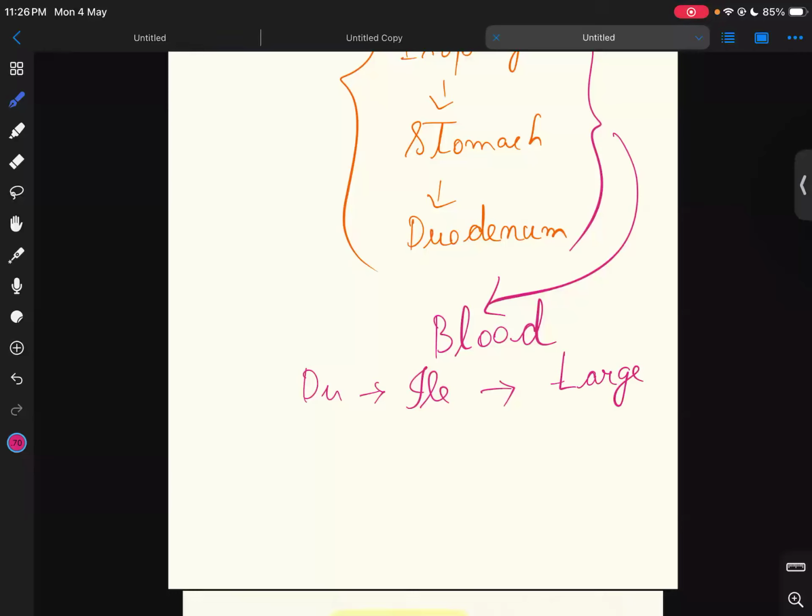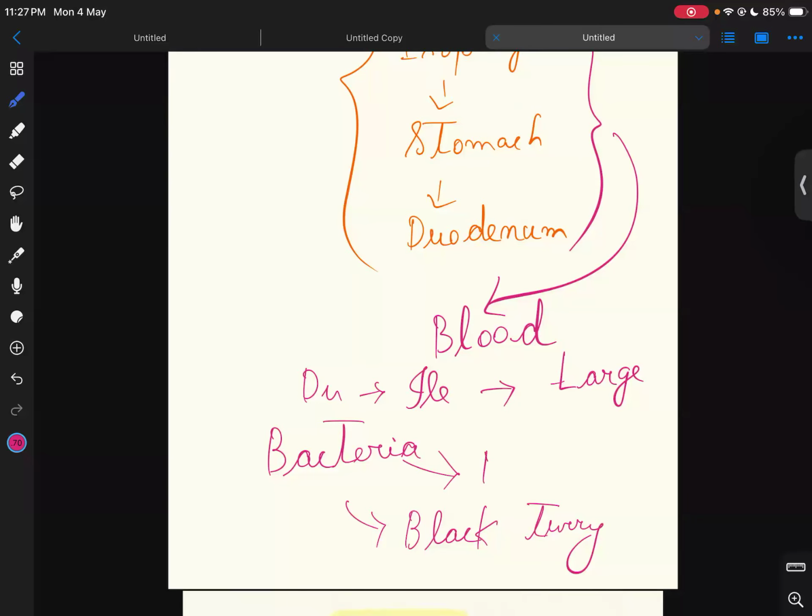During this travel, it will come in contact with lots of bacteria. And these bacteria will do some treatment of the blood. They will change the color of the blood, resulting in the black tarry stool. Also, they will digest the blood, especially the heme component. And whenever digestion happens, some bad smell is produced.